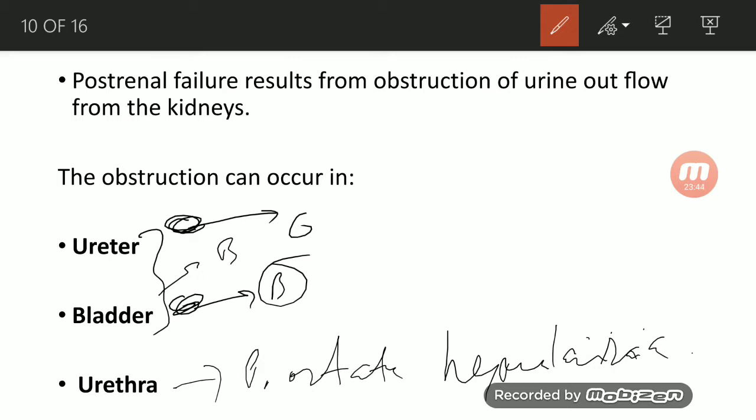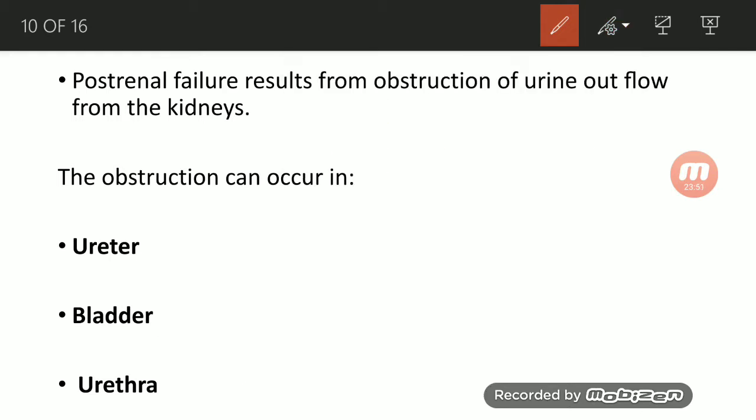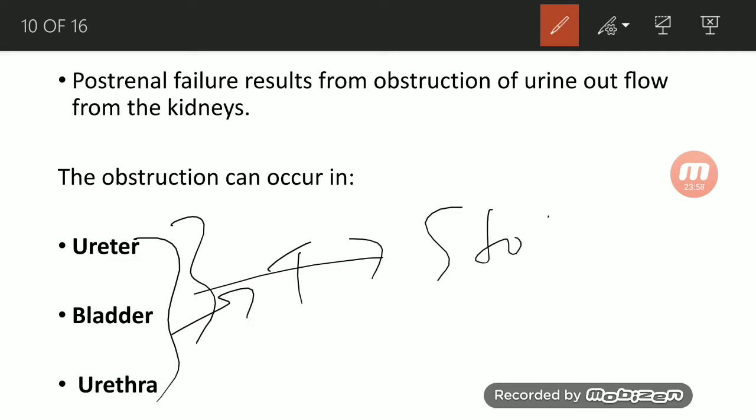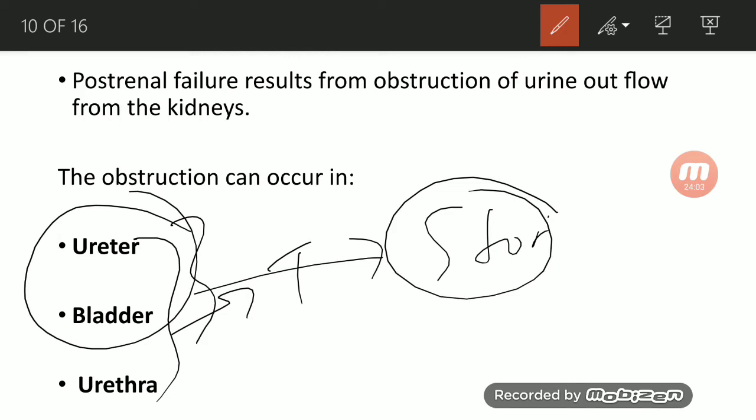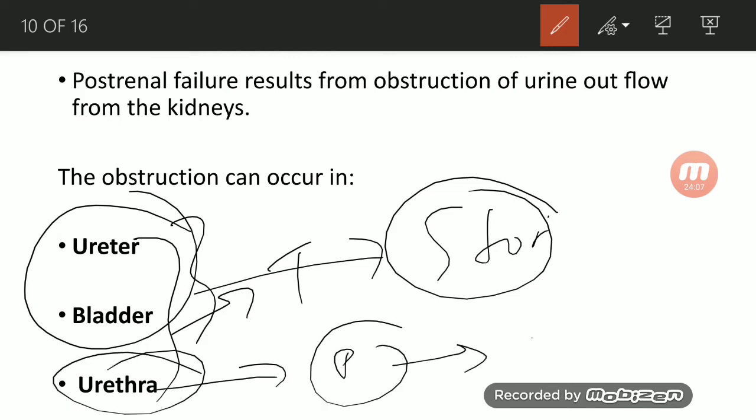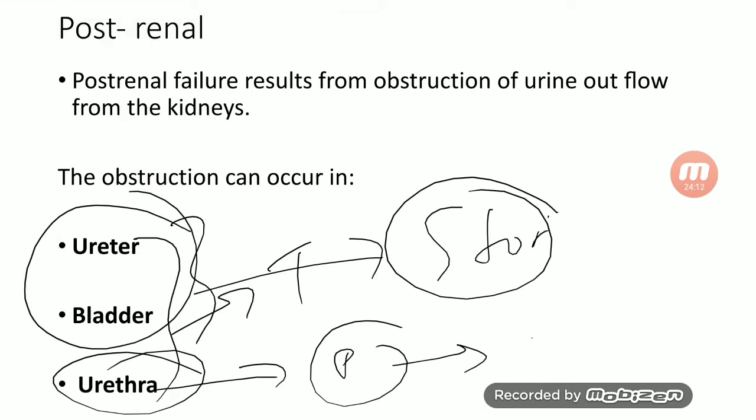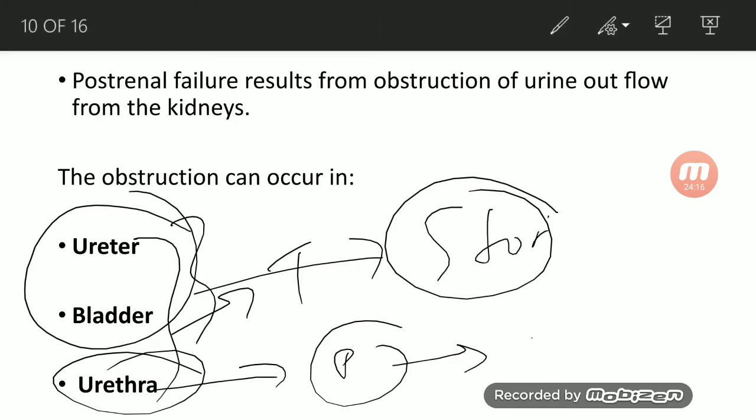In this case, tumors occurring at any of these three structures can lead to obstruction. Stones in the ureter or bladder can lead to obstruction. Prostate hyperplasia will lead to obstruction in your urethra. So this is how your post-renal failures occur.